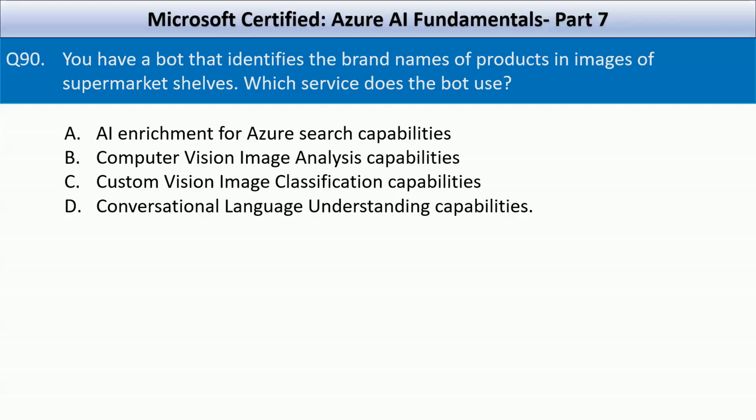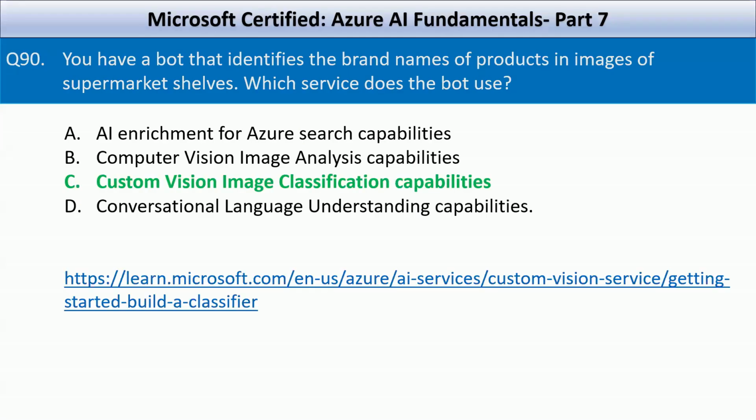Folks, custom vision would be the best suited option here. Custom vision is specifically designed for image classification and object detection, enabling you to recognize brand logos, product names, and other visual features in images. Now, folks, always remember computer vision image analysis offers general image analysis like detecting objects and extracting text. But for brand identification, you should use custom vision for a more tailored model.